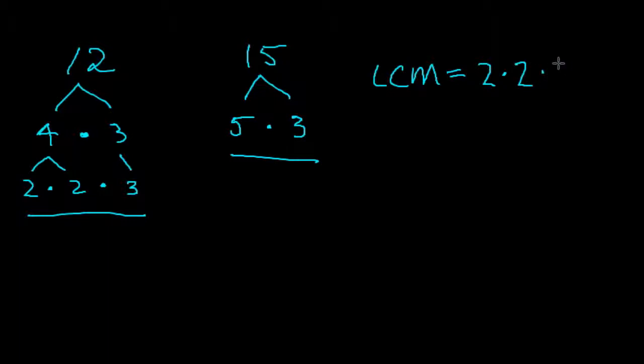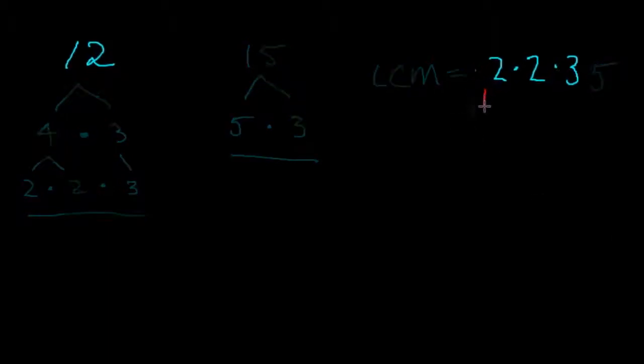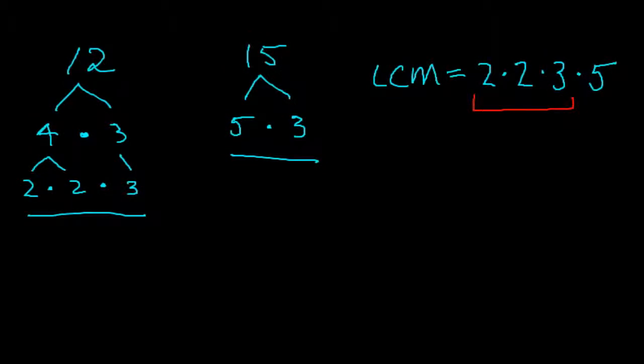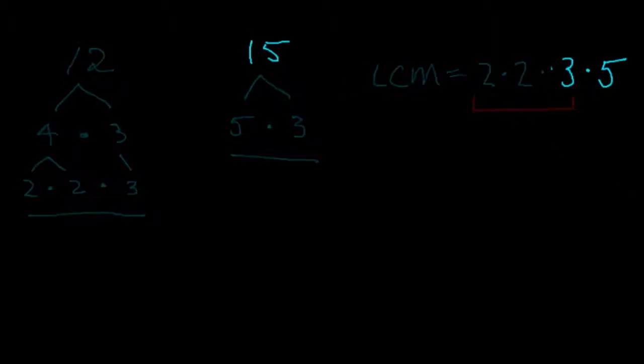So at a minimum, my lowest common multiple must also have a factor of 3. Now when I look at the 15, I say, okay, what hasn't been covered? Well, the 15 contains a 5, which was not in the 12. And so now I have all of the factors that you would see in the 12, which would be the 2, 2, and 3 part, and I also have all of the factors that you would see in the 15, which is the 3 and the 5.